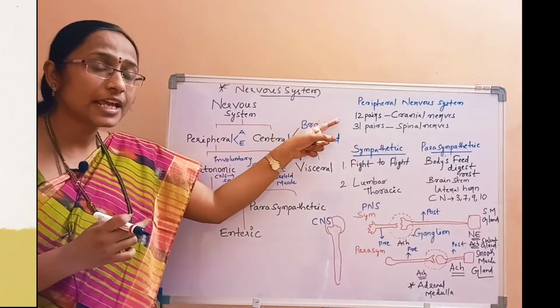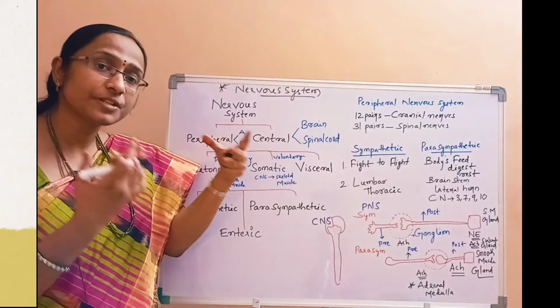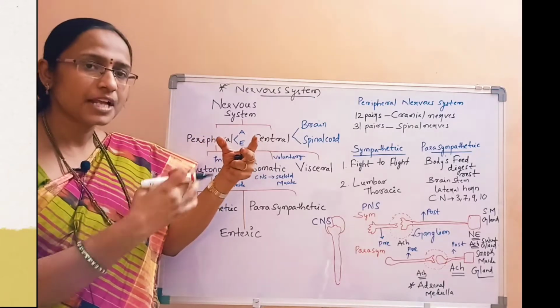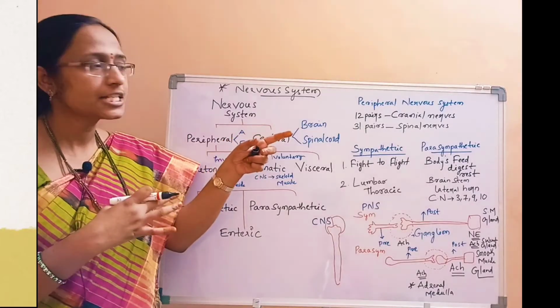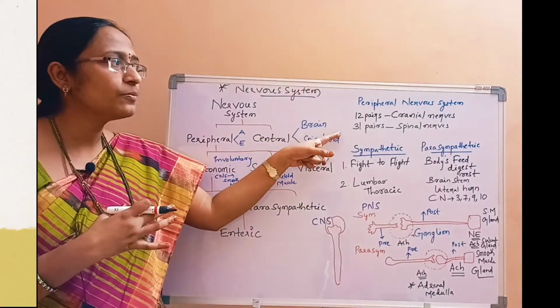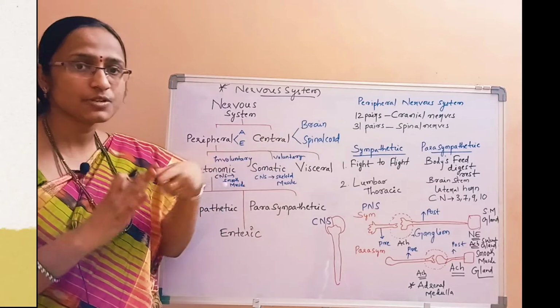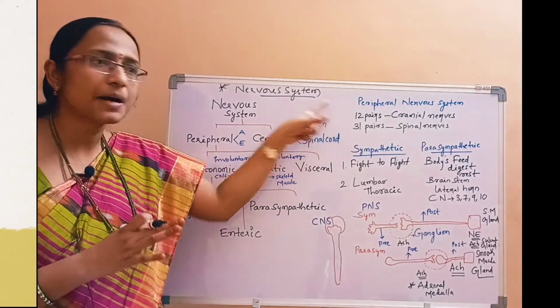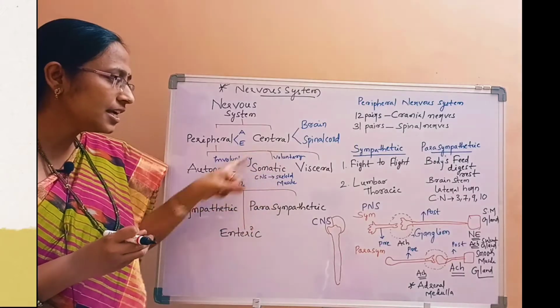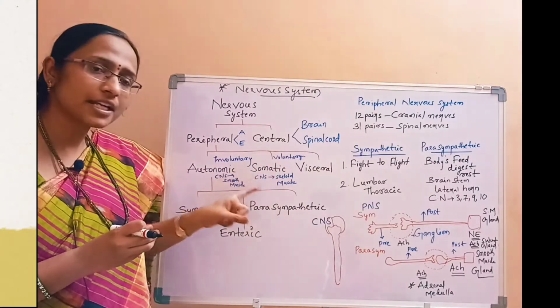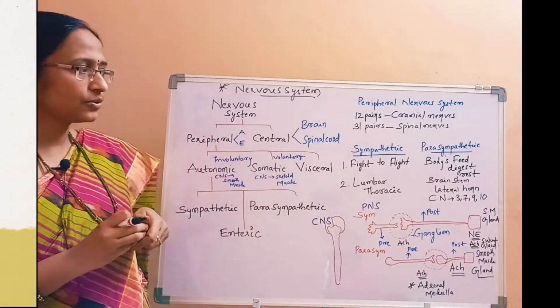Cranial nerves are those that arise from the brain, whereas spinal nerves come out from the spinal cord. These two play an important role in the transmission of nerve impulses as a part of the peripheral nervous system, and they play a major role in the somatic nervous system.